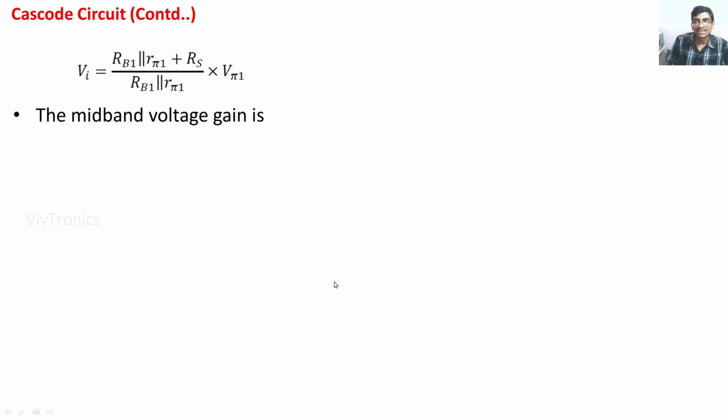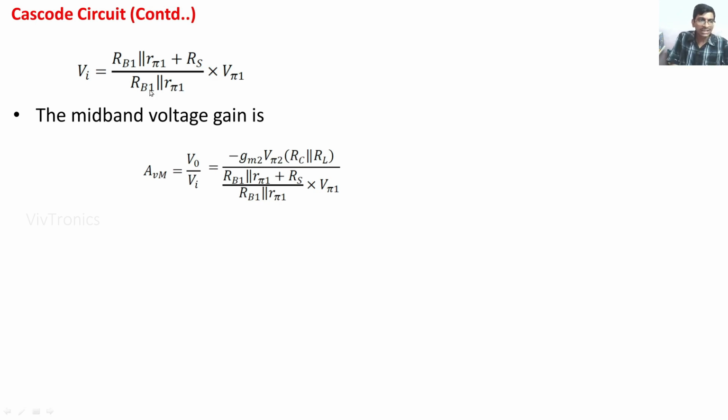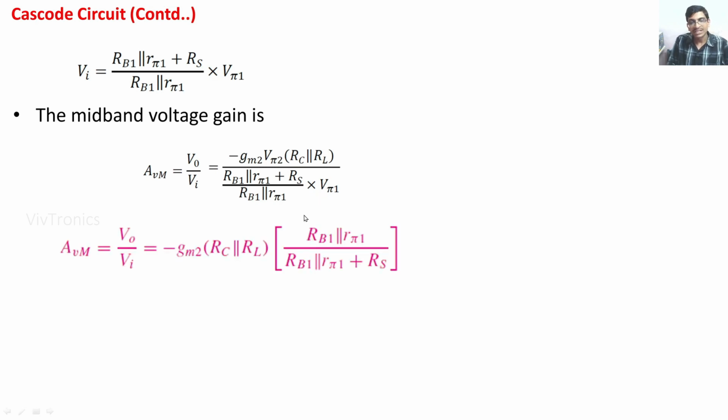And the midband voltage gain, which is the ratio of output voltage to input voltage, AVM, is equal to V0 divided by Vi, that will be equal to minus gm2 vπ2 RC parallel RL divided by the total Vi equation, which is RB1 parallel with rπ1 plus Rs divided by RB1 parallel with rπ1 into vπ1. The vπ1 is nothing but vπ2 here, so vπ1 and vπ2 will get cancelled.